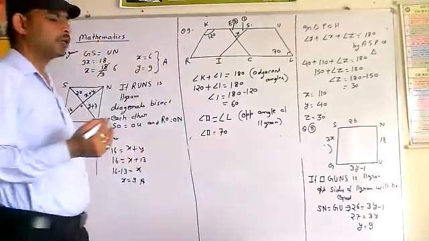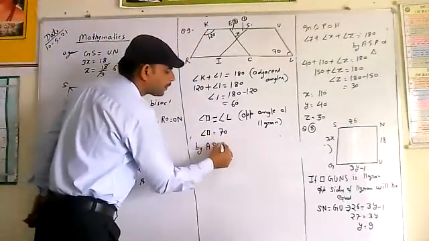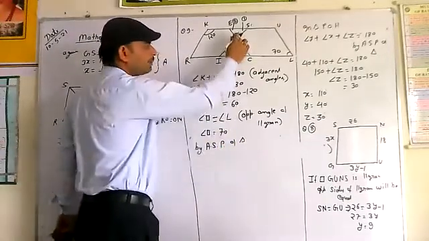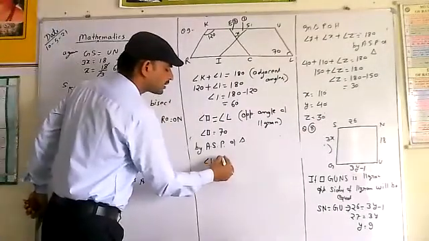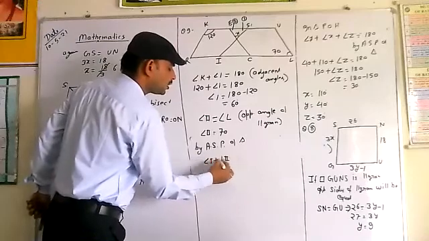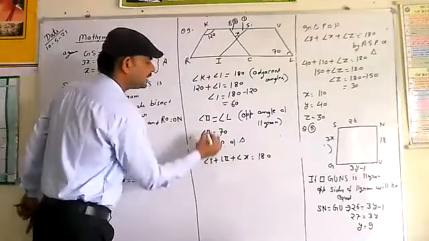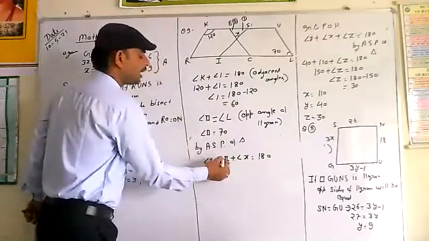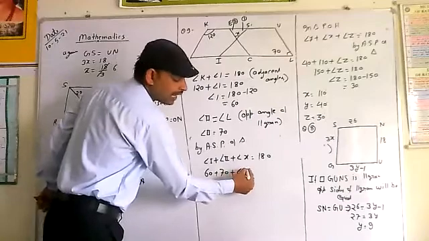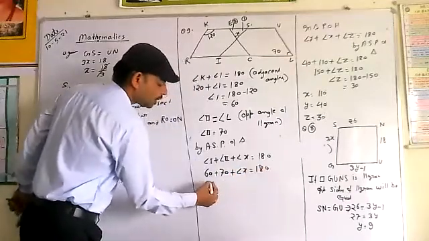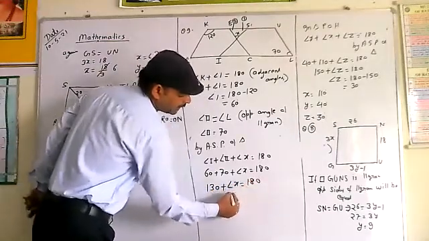So by the angle sum property of a triangle, because we have to find the value of x, angle 1 plus angle 2 plus angle x is equal to 180 degrees. The value of angle 1 is 60 degrees, and angle 2 is 70 degrees, plus angle x is equal to 180, and 130 plus angle x equal to 180.